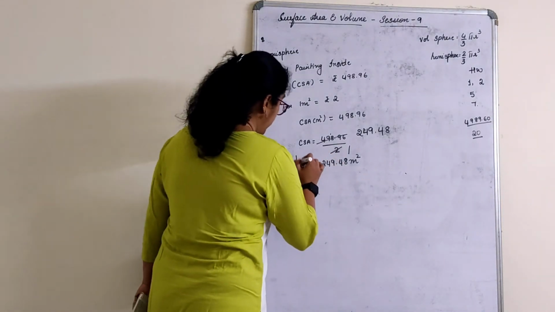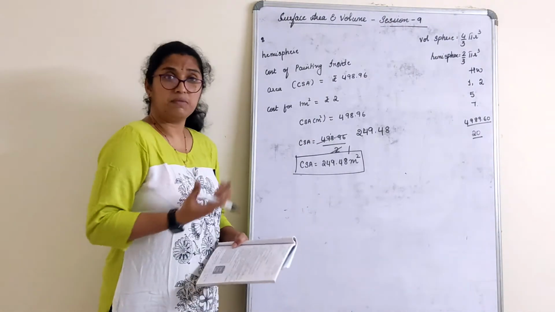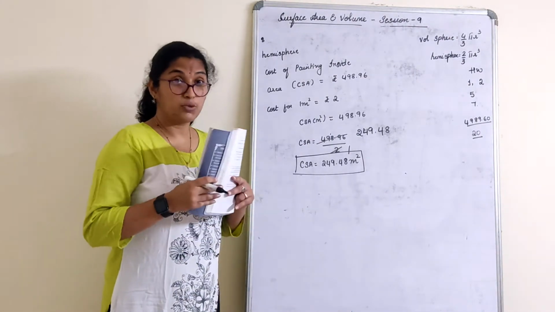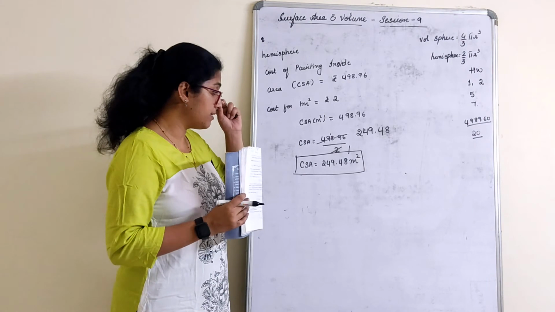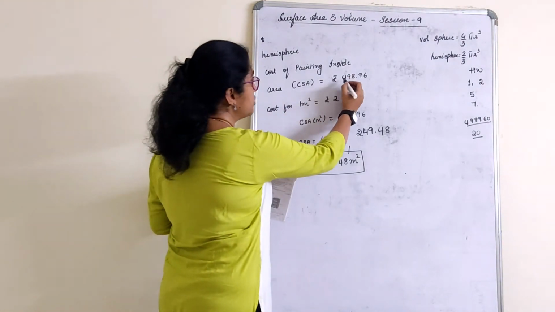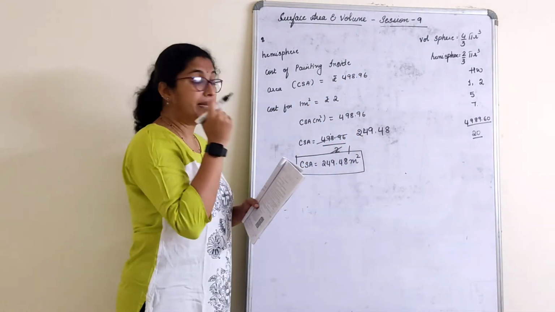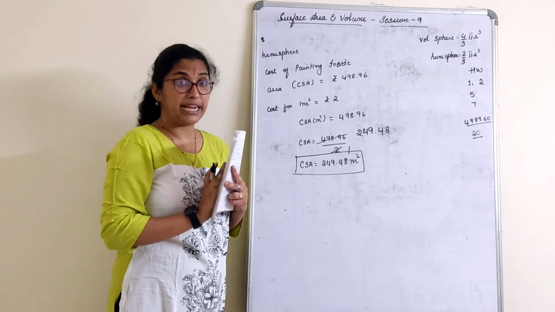One thing, children, here, again the same textbook error, mistake or anything I can tell. The textbook which I am using presently here, they have given the cost as rupees 498.96, and the cost for 1 meter square is 2 rupees. This is given in my textbook.